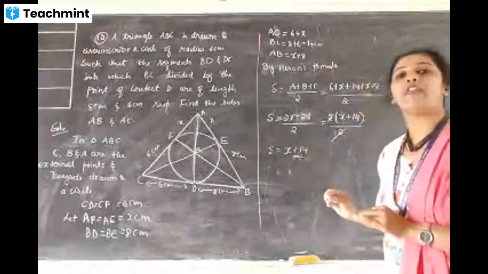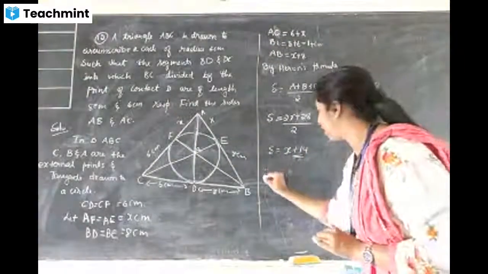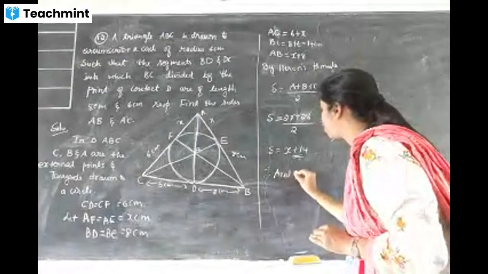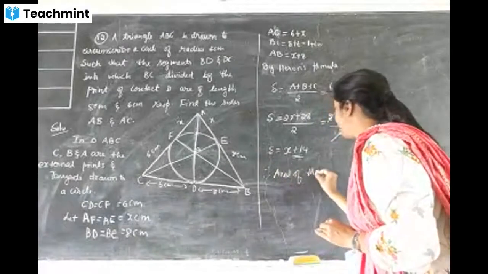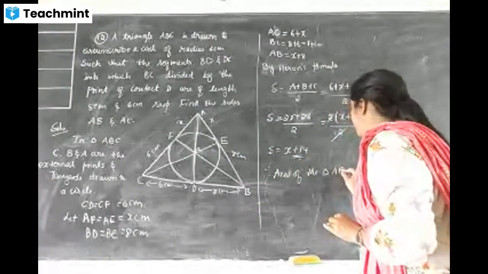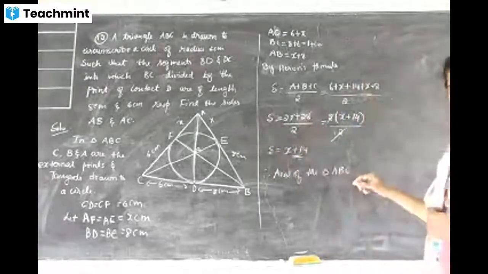As we got S, now we will go for the area of the triangle ABC, the complete triangle ABC.